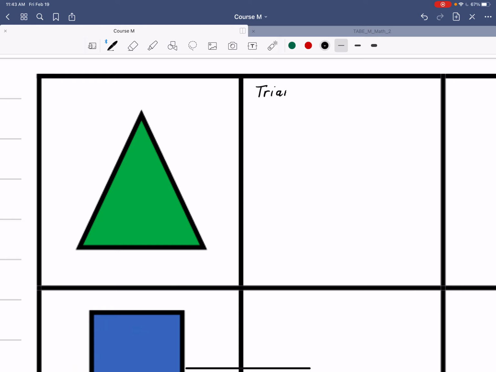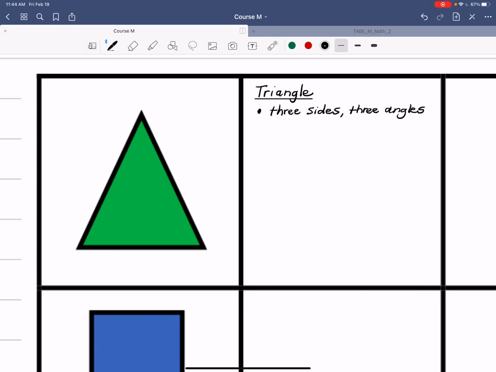So a triangle has three sides and three angles. Tri means three.